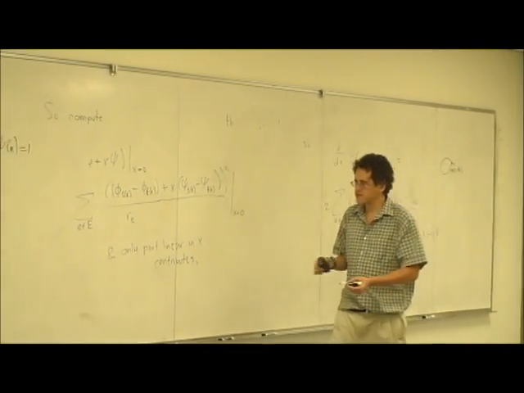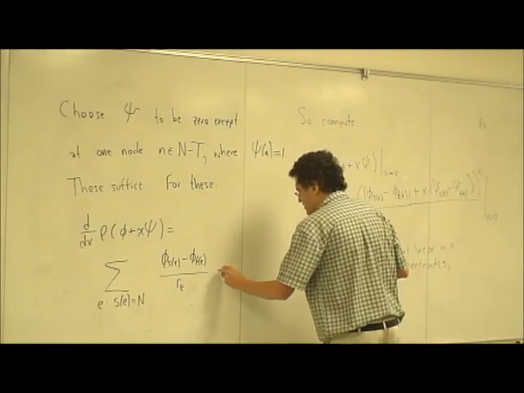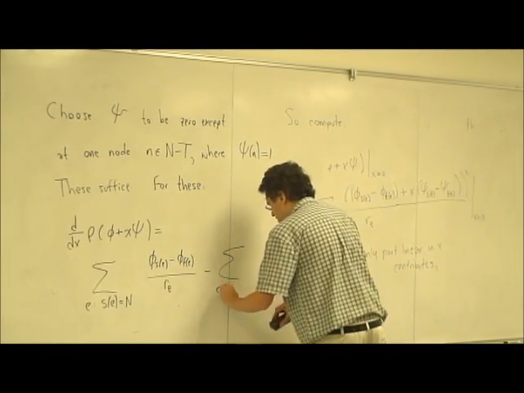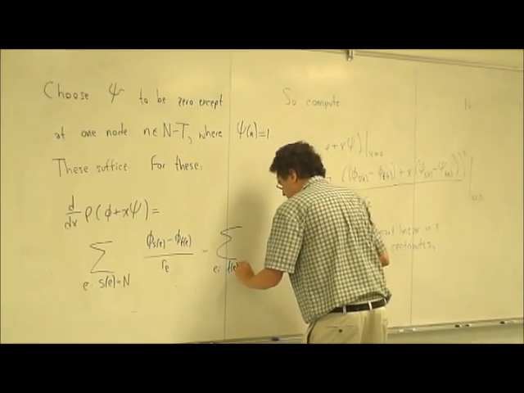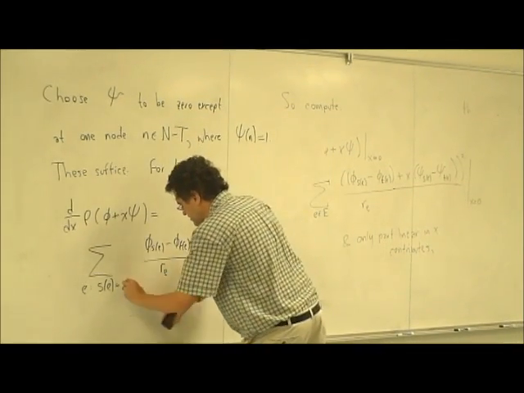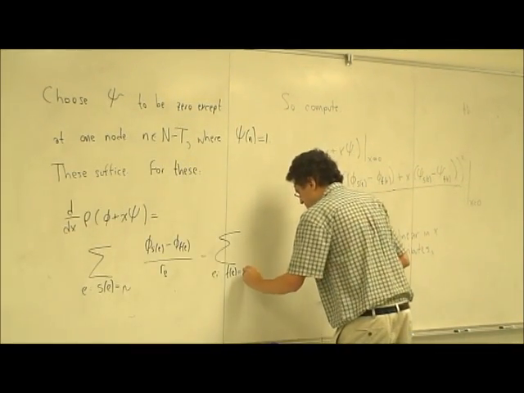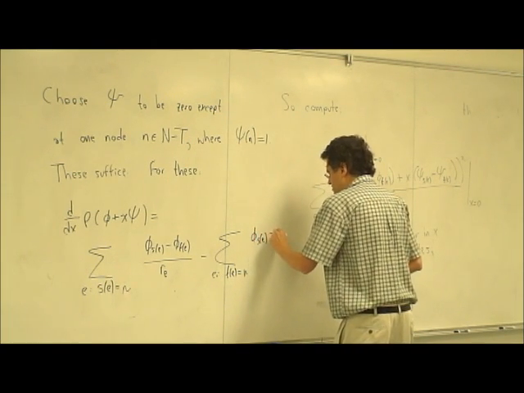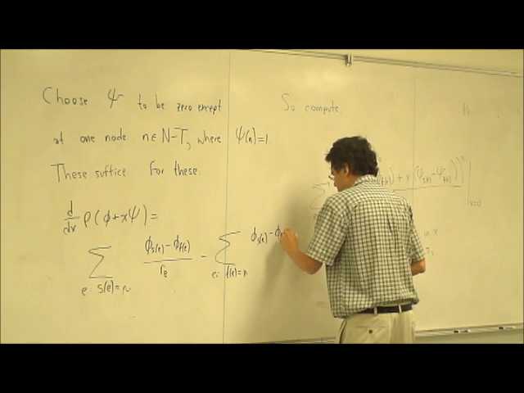So we get minus some very similar thing. Now it's the target of E, sorry, lowercase n, our particular node here. So this is what has to be 0.